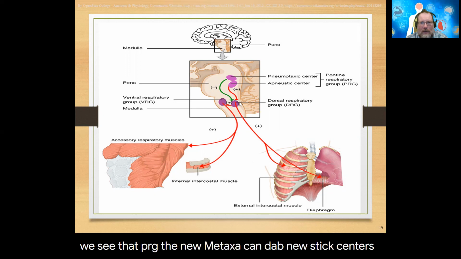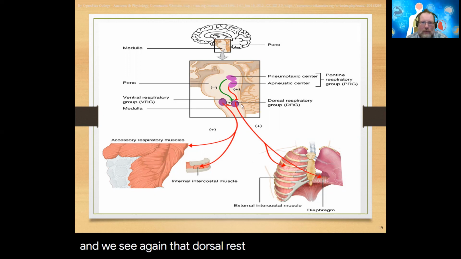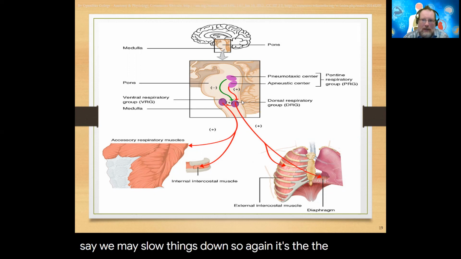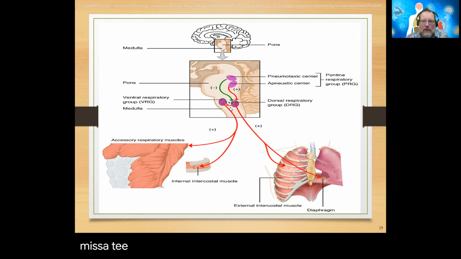And we see again that dorsal respiratory group having to do with a lot of the chemoreceptors, so the chemicals received. So this is apneustic, turns things on. Pneumotaxic, we may slow things down. So again, it's the rhythmicity and the rate at which we're breathing.